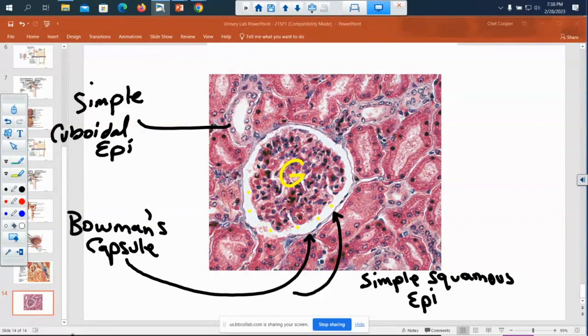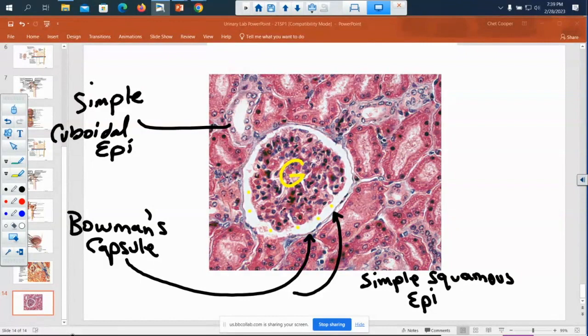All those others are cuboidal. Now, a really good histologist could tell you which of those tubes were which by their size and by their internal lumen, because they have microvilli and stuff. That ain't me. So I would say potentially maybe some proximal tubule down here leading out. But other than that, eh.